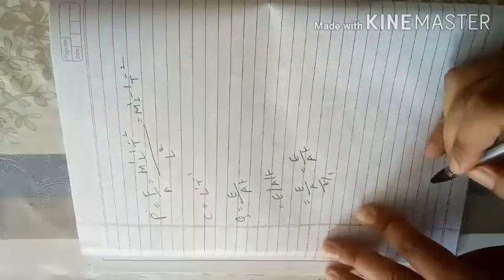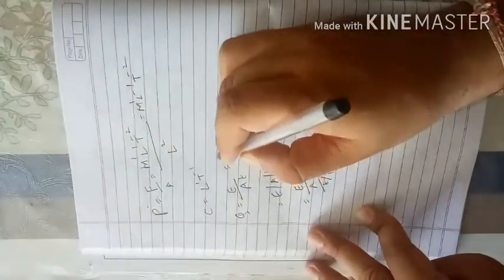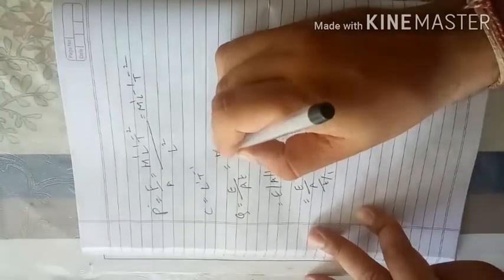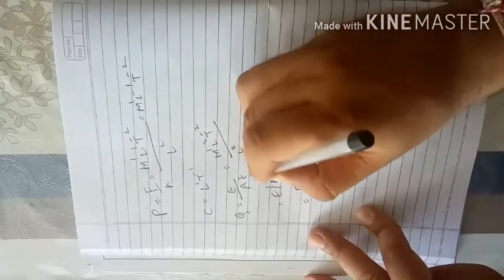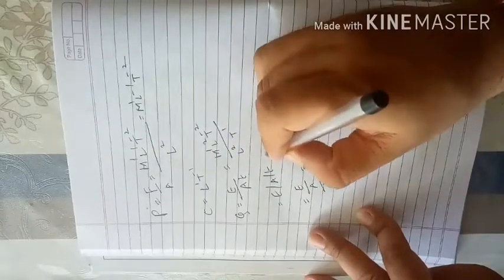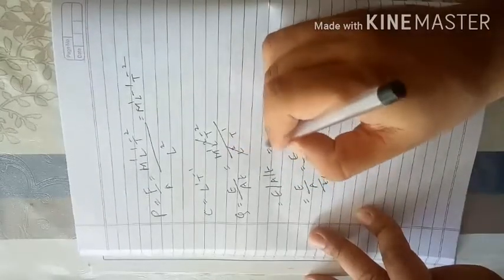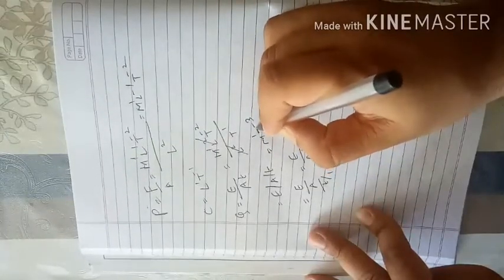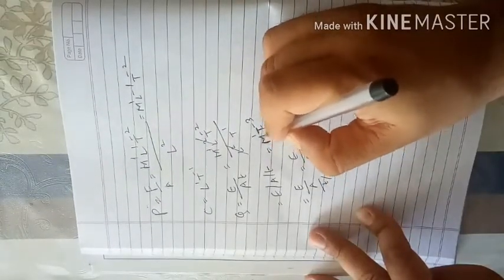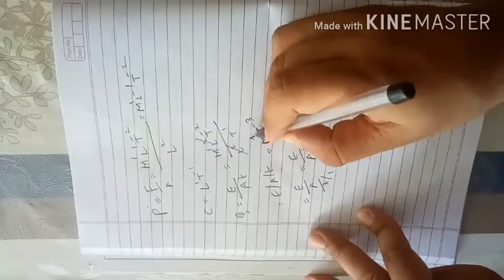Energy is M1 L2 T minus 2, by area is L raised to 2, time is T raised to 1. So this is cancelled out and this becomes M1 T raised to minus 3.